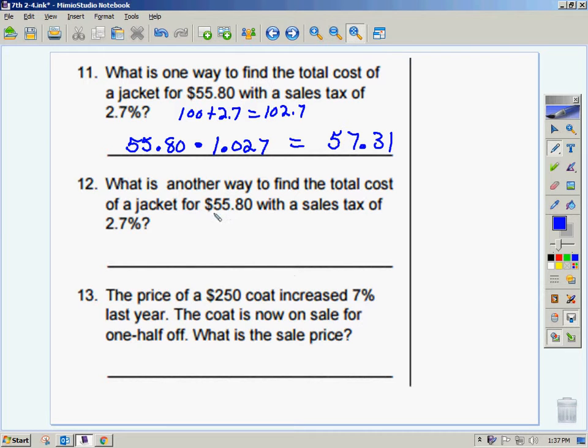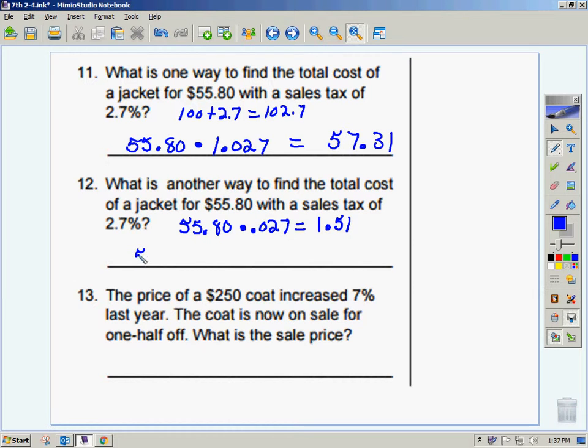It says, what's another way to find it? Well, I could take 55.80 times 0.027. If I do that, it's going to come up to $1.51.